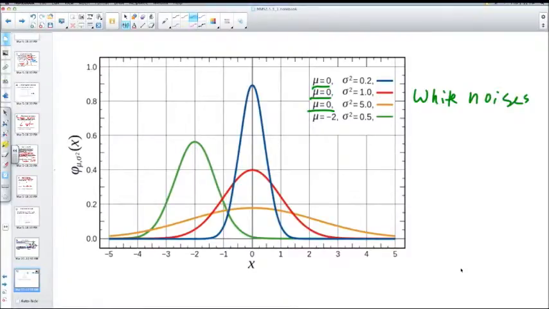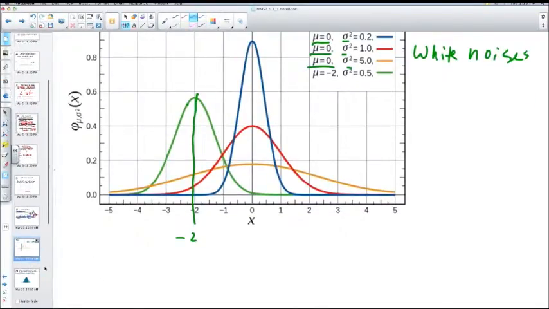For white noise, we only need to think about the other parameter, that's the deviation. It depends on how much it is spread out, and that's the standard deviation. Well, for the green one here, your average is -2. That's just the shift. And the 2 parameters will completely characterize the data set in statistics.